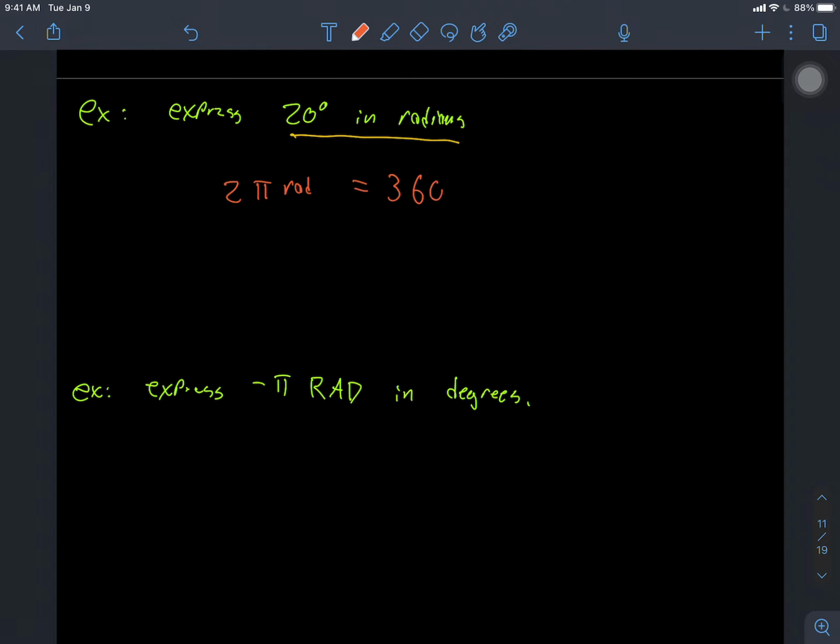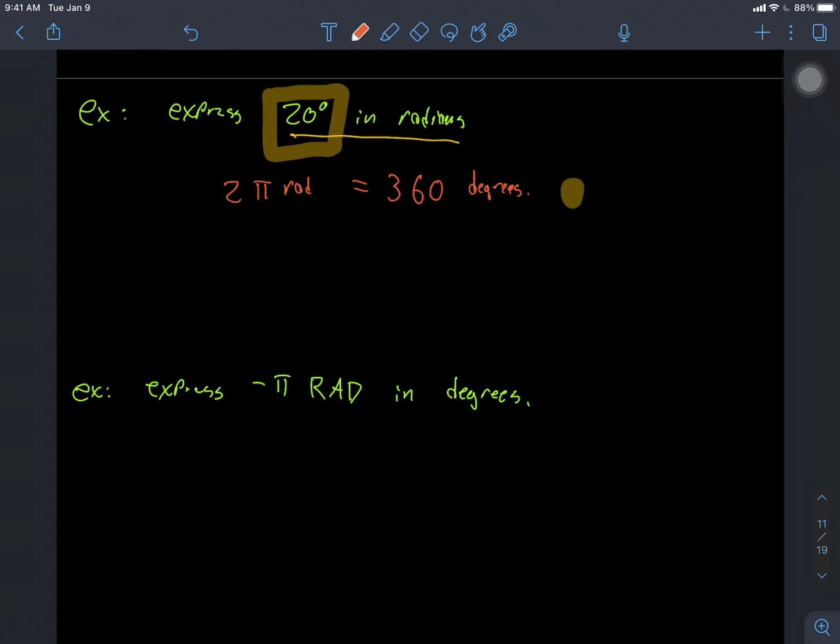And that equation is 2 pi radians is equal to 360 degrees. What I'm going to do is manipulate this equation until I have 20 degrees on the right-hand side, and then whatever's on the left-hand side will be what I get in radians.